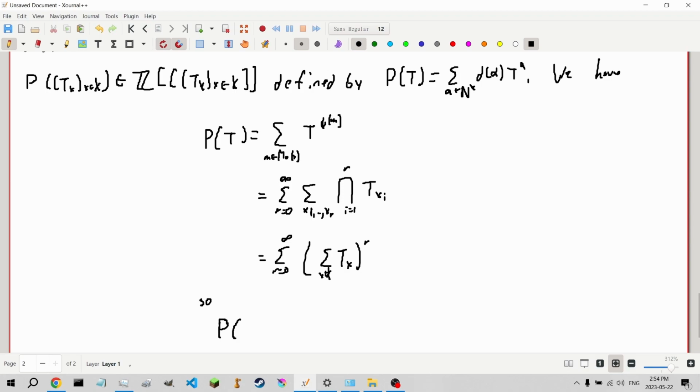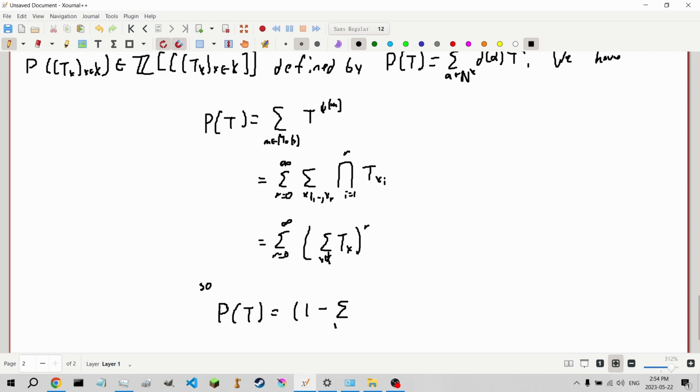So P of t is 1 minus the sum of x in X of t_x, to the minus 1. Hang on, there's some weird notation going on here. Alright, anyways.